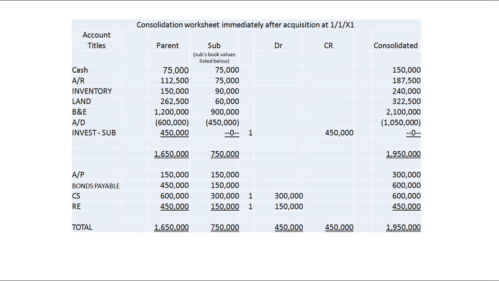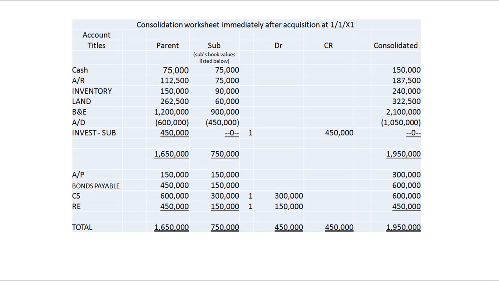Notice what we do. We extend everything over. All the numbers are there. The only difference is the investment sub is gone and the subsidiary's equity is gone. One thing to point out is if you notice in the middle column, you'll see the number 1.